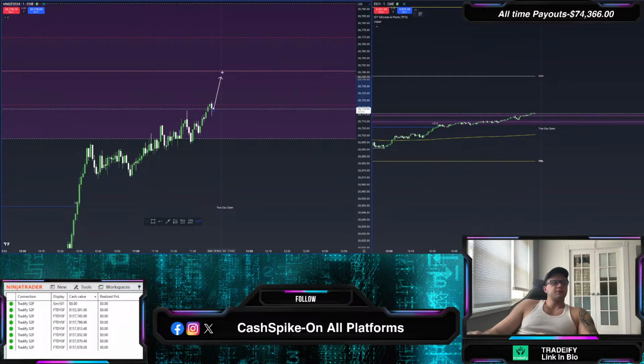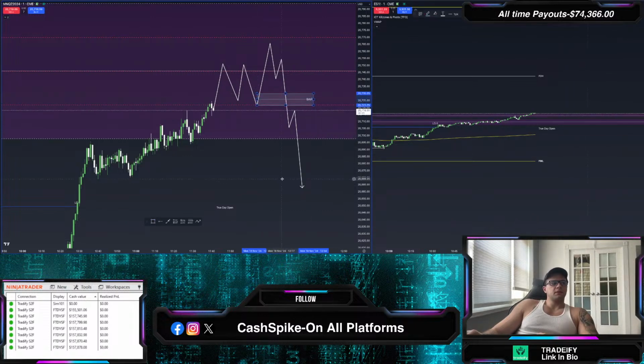You also want to see some price action building up. You want to see a liquidity sweep, a fair value gap inversion, a break of a block, and then coming down. You want to see a break of a block here, an inversion over here.